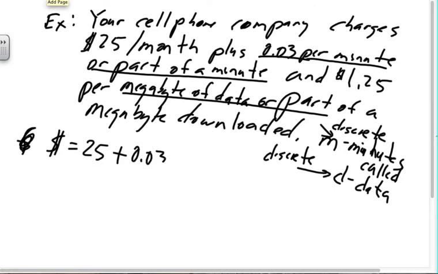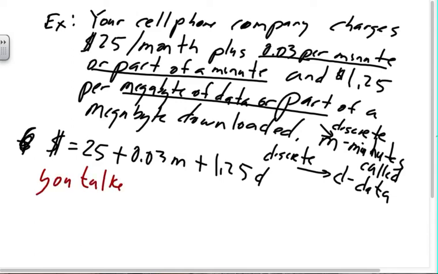So it's 0.03M plus 1.25D. And let's get an example of just what this is going to look like. You talked 132.5 minutes. This is in a month, so it's probably not a girl.